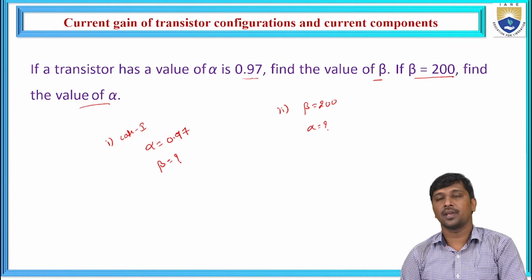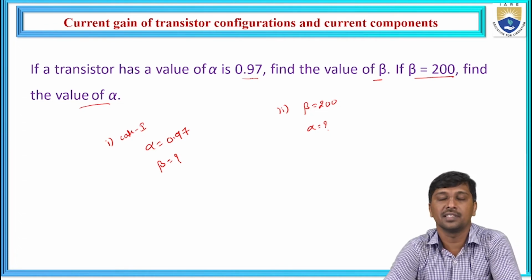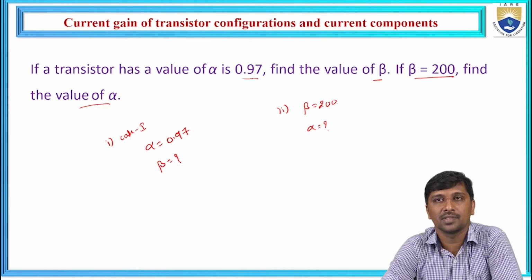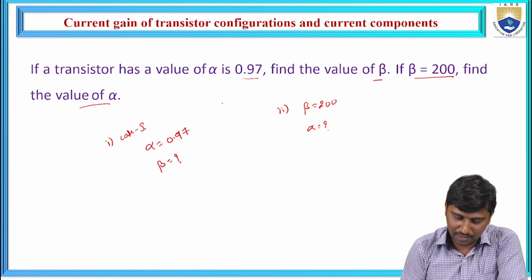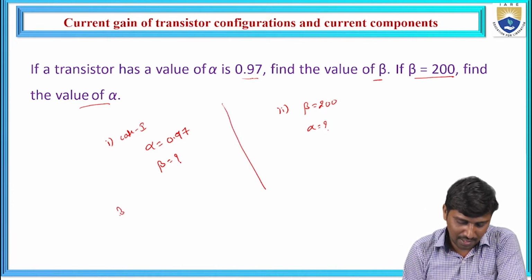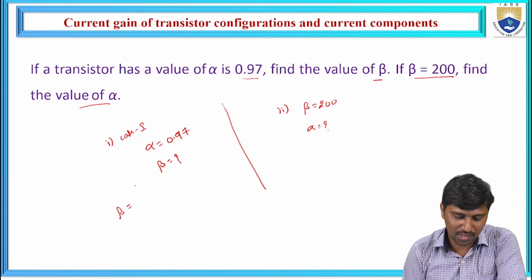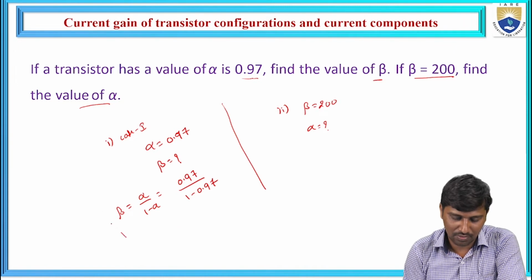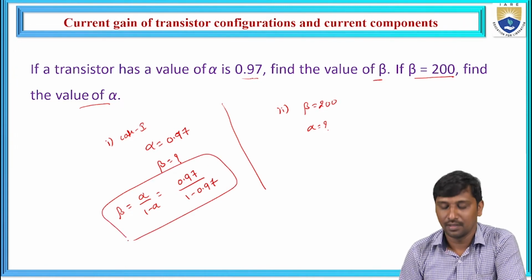We need to write these two relations: beta in terms of alpha, and alpha in terms of beta. In the first case, beta is alpha by 1 minus alpha, that is 0.97 divided by 1 minus 0.97, which gives the beta value.